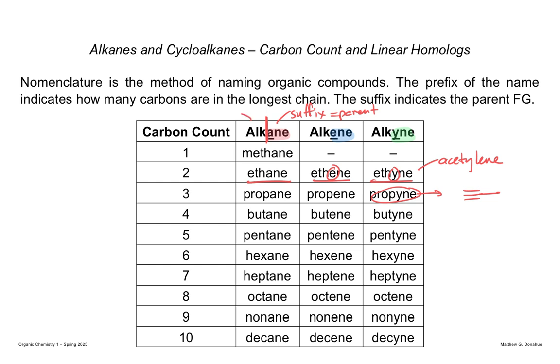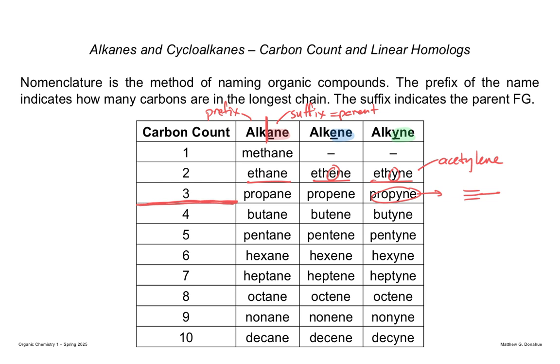And the prefix is telling you the carbon count. So how many carbons are in the chain, and then what is the main functional group present? Really, where it becomes an issue is here between 3 and 4. So that's what we'll spend some time on.